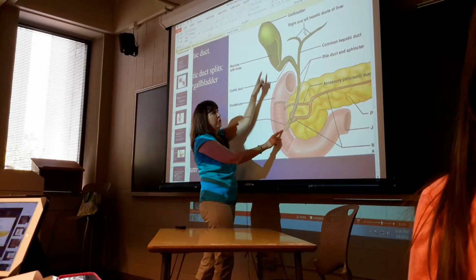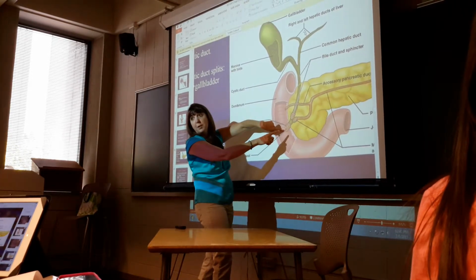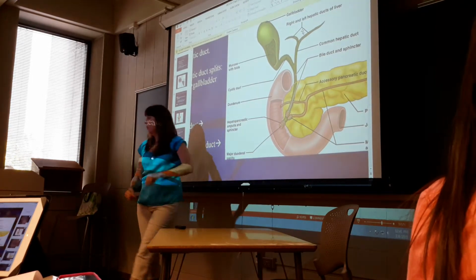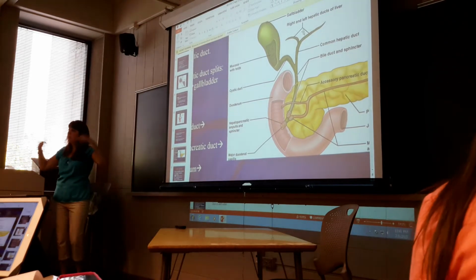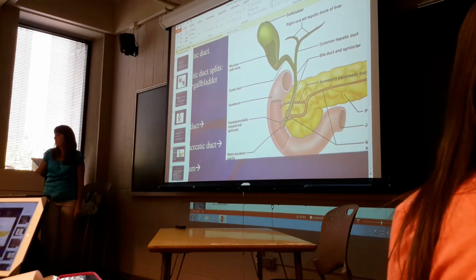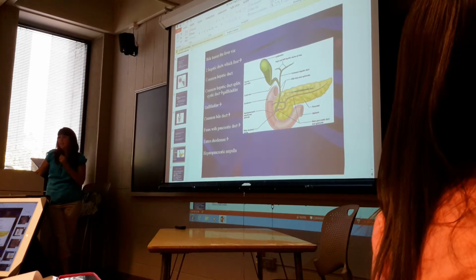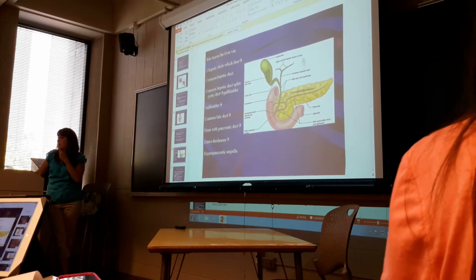Ampulla is an opening. So we're secreting bile, we're secreting lipase, the enzyme that breaks down fats, and then we're going to start digesting fats. And where that happens is in the small intestines. So stuff is coming from somewhere else so that we can do the job in the small intestines. Make sense?